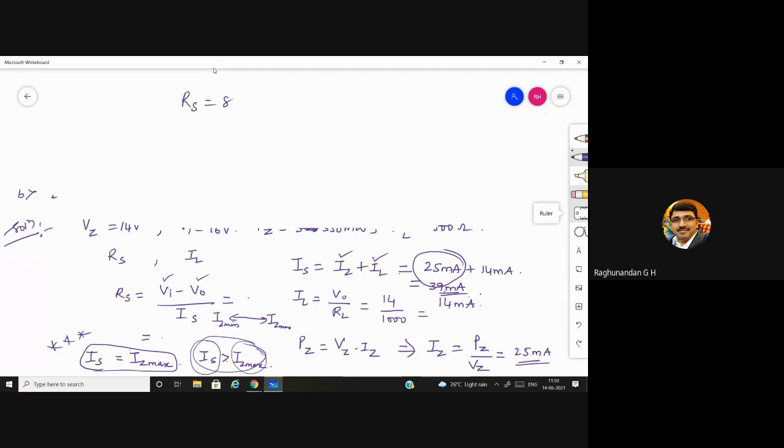RS is equal to 80 ohm. And last, the diode current, so diode current means IZ. So IZ is equal to IS minus IL. So it is 25 minus IL. IL, how much did we get? We got 14. So that is 11 milliamps. This is the IZ value.